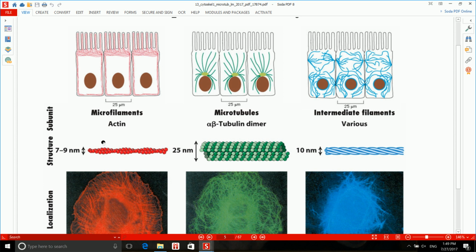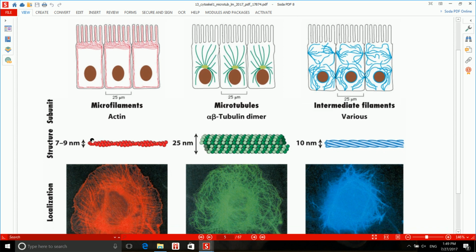And here you can see their diameters. You do not need to memorize exactly their diameters, as long as I know, but what you need to know is which one of them is the thickest and which one of them is the thinnest, and which one is in between. So microtubules are the thickest filaments.